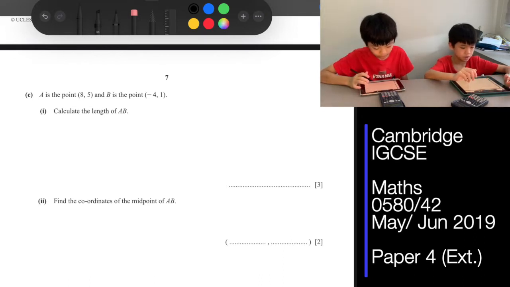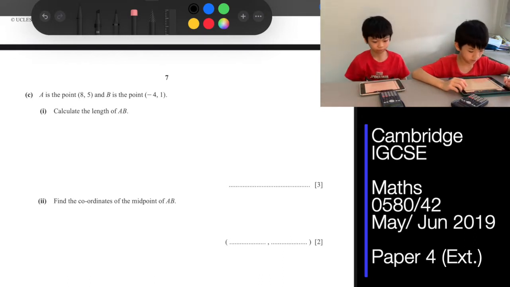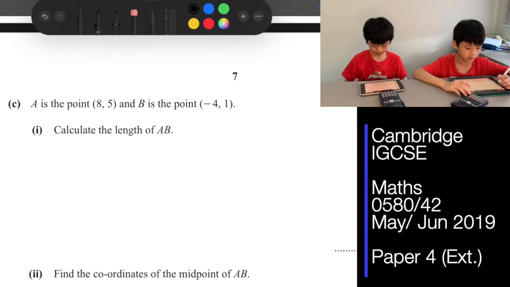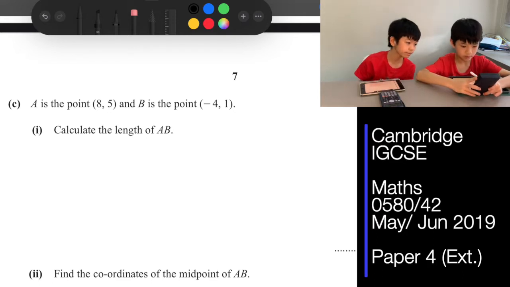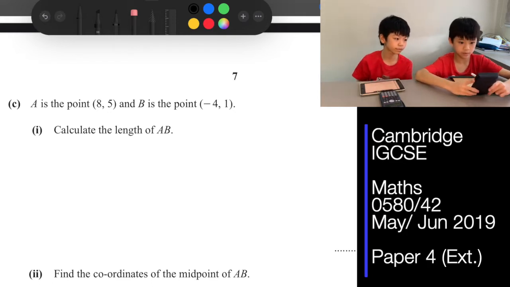Next question, A is the point (8, 5) and B is the point (-4, 1). We need to calculate the length of AB. So first we find the length from left to right, which is 8 minus negative 4, which is 8 plus 4, 12.